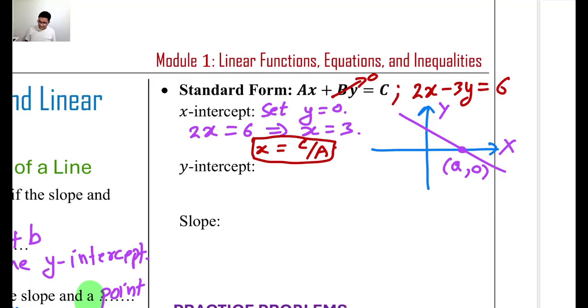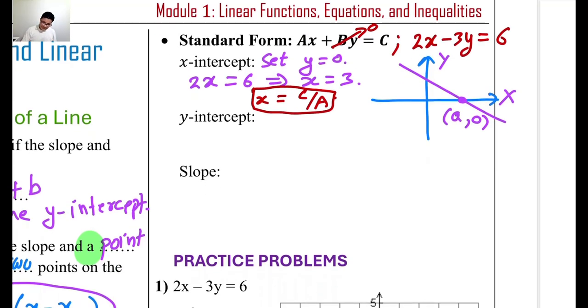Just remember that. And the same way, what is the y-intercept? Y-intercept is the point on the y-axis, 0 comma b. So what would I do? I will set x to 0. Now in that example, if I set x to 0, that gives me negative 3y equals 6.